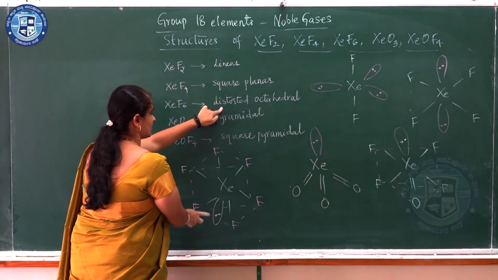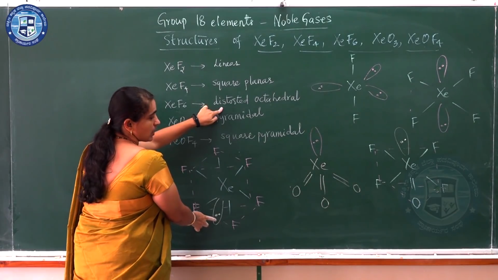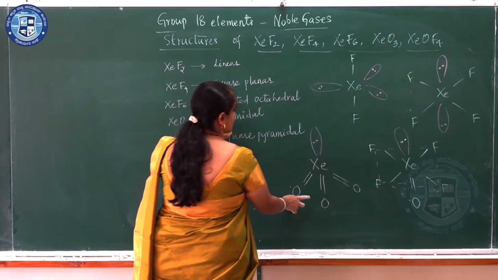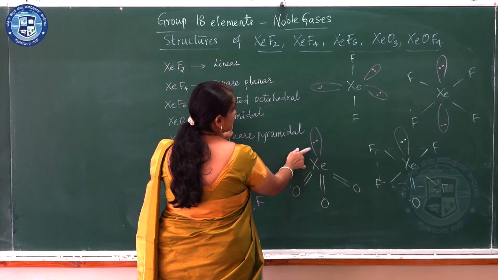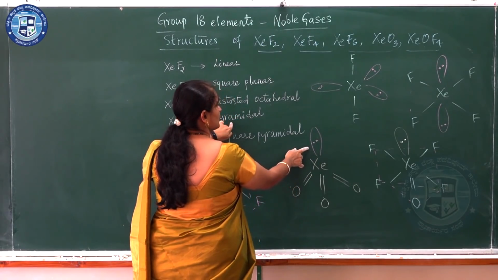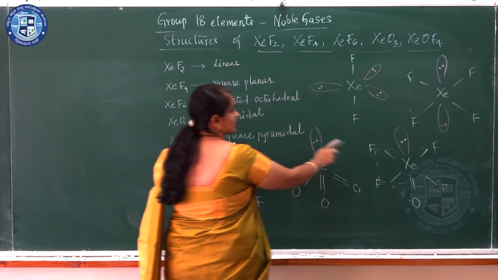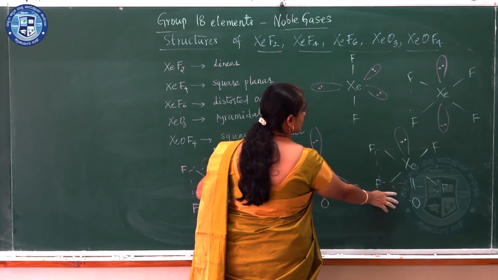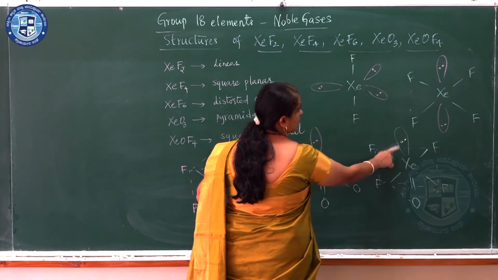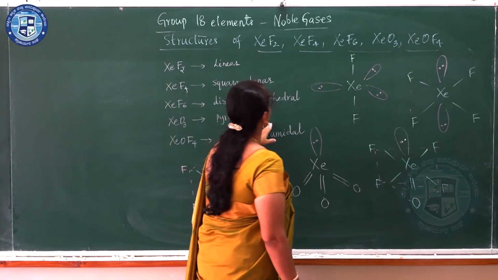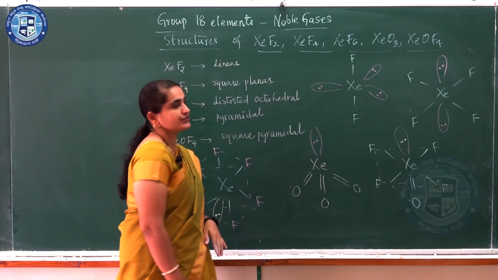XeF6 is distorted octahedral, contains 1 lone pair of electrons or 2 unpaired electrons. XeO3 is pyramidal, again 1 lone pair of electrons or 2 unpaired electrons. Lastly, XeOF4 is square pyramidal containing 1 lone pair of electrons. So this is something regarding compounds of xenon.